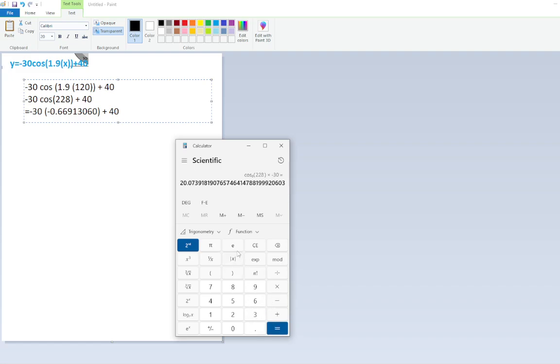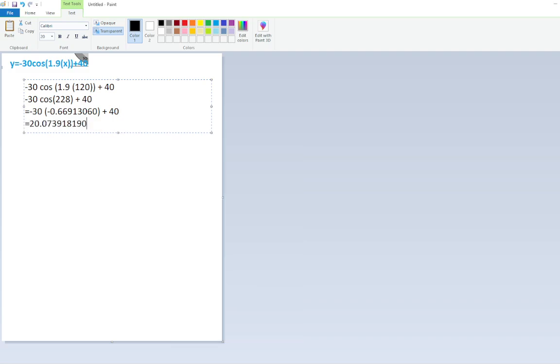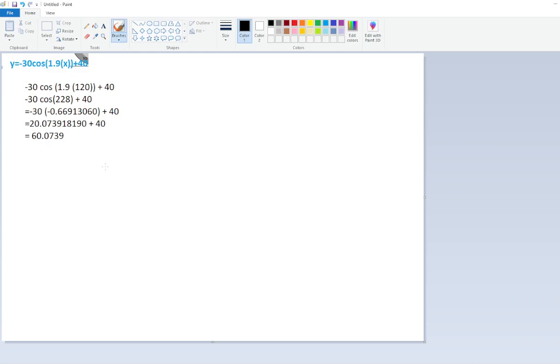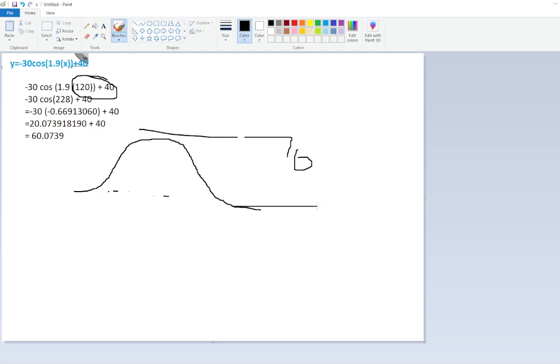And then we get this, and we have to add 40, which is 60.073987. Which means if I were to put this on a graph, at the 120 mark on the x-axis, and the max, remember, is 70 and the min is 10, it hits roughly 60.